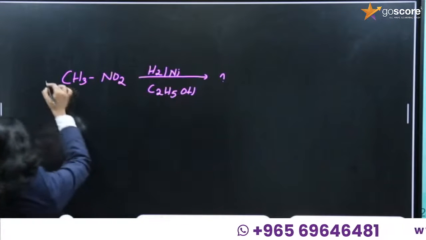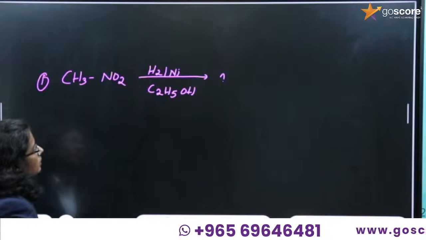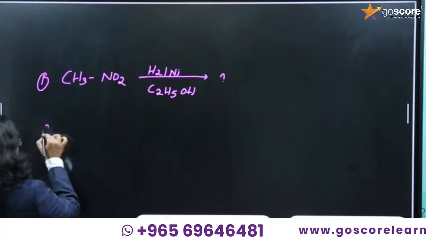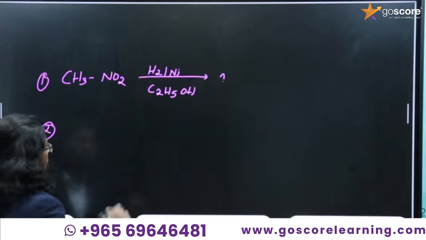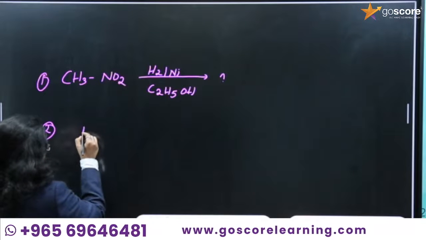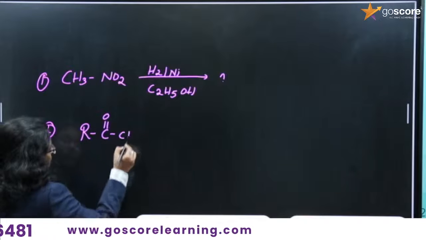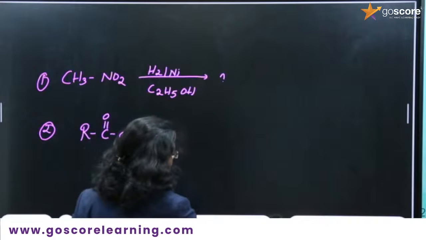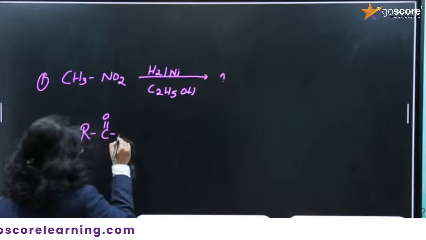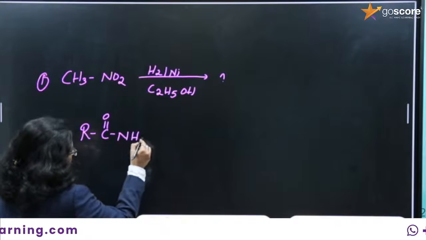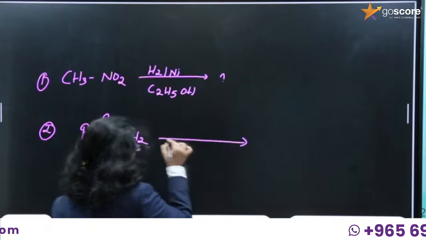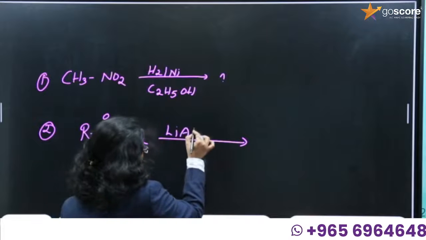Then the second one is an amide, C double bond O, on reduction with LiAlH4.